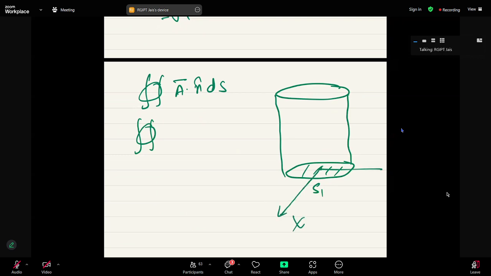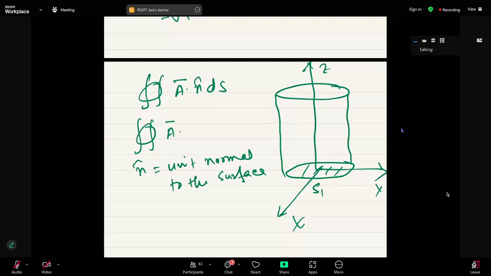This is x, this is y, and this is z. For this bottom surface, what is the value of n cap? What is the surface normal? N cap is the unit normal to the surface. So what is n cap for the surface S1, this bottom surface?